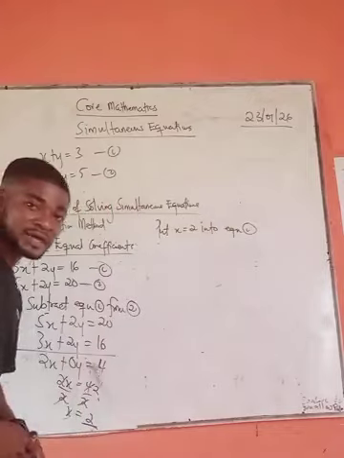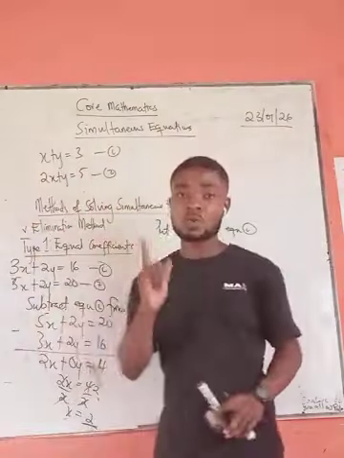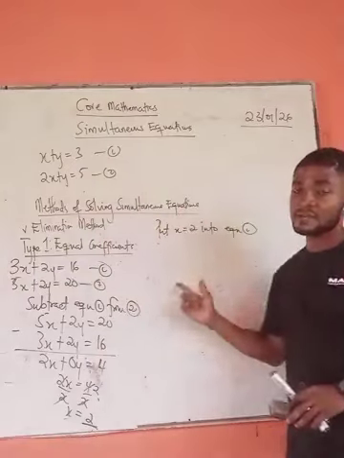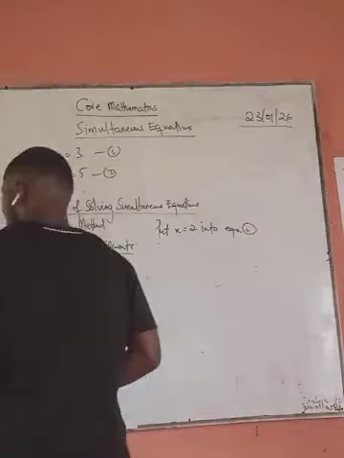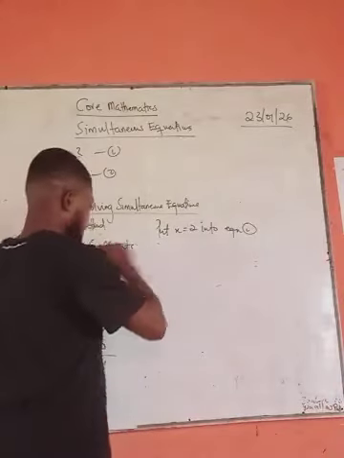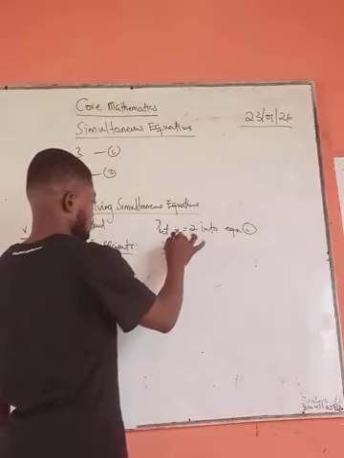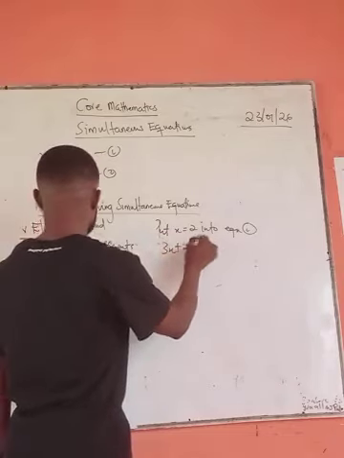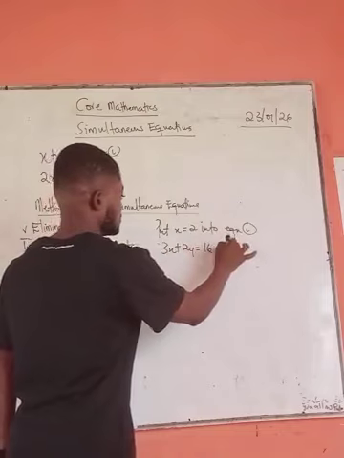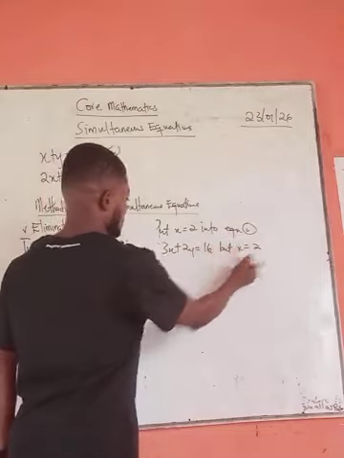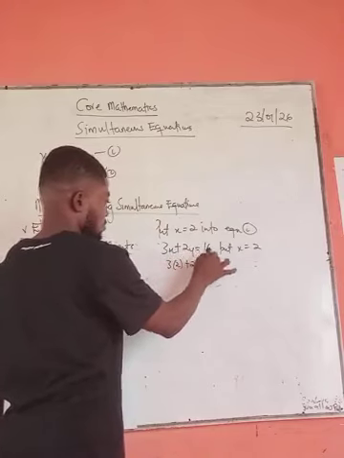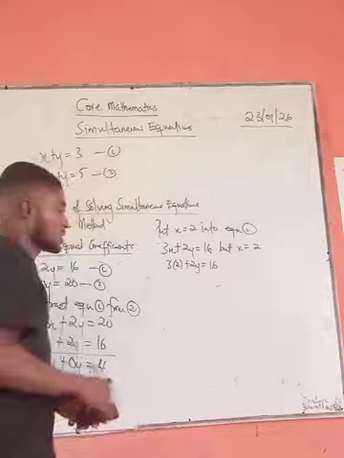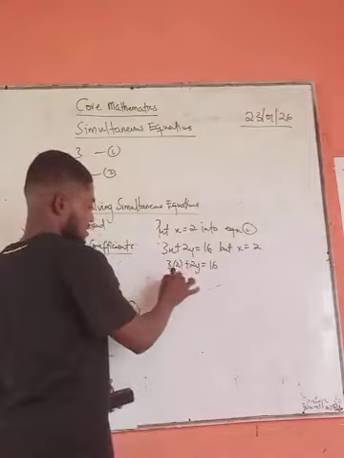I'm putting the value of x is equal to 2 into equation 1 so that I can get the value of y as well. Now 3 times 2, that is 6.